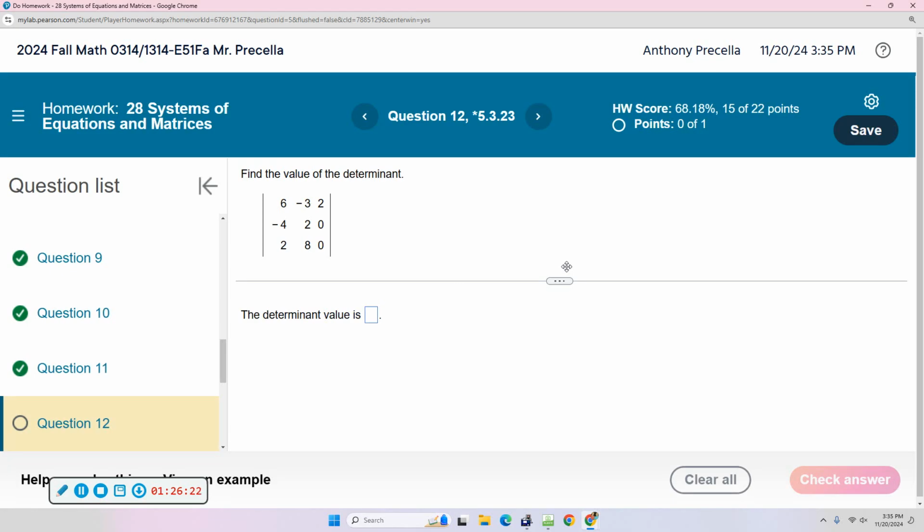Okay. Oh, I see some zeros. I like that. Multiplying by 0 is always easy. The matrix is 6, negative 4, 2; negative 3, 2, 8; and 2, 0, 0.